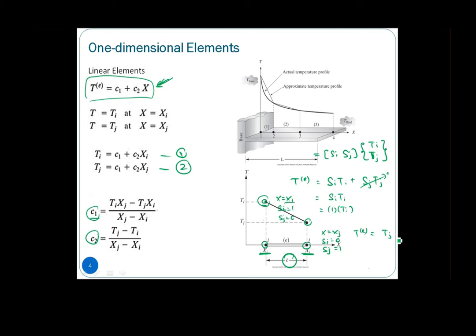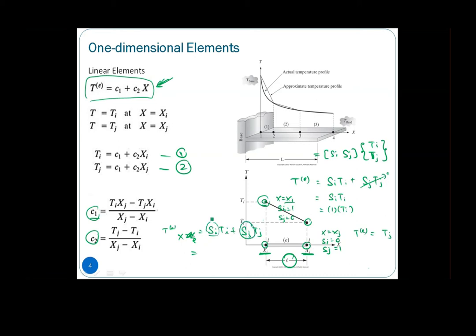In the other case, if I want to find any x between this element itself, then the temperature of this particular element at any x is Si multiplied by Ti plus Sj multiplied by Tj. If you have x over L, you substitute it into this shape function.